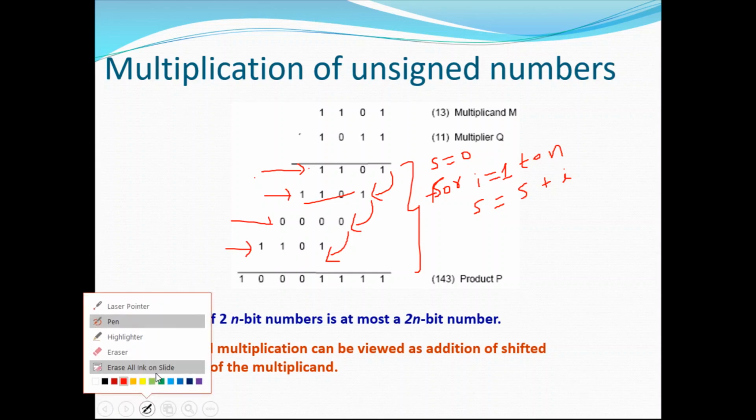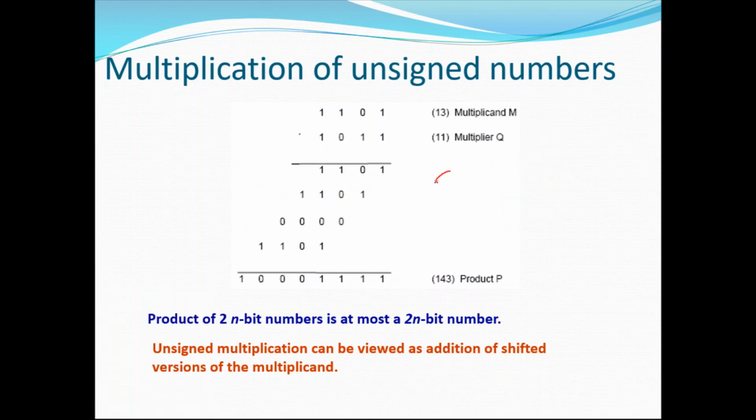Initially, for adding n natural numbers, we assumed s equal to 0. These are the partial sums; this is the partial sum at the first level.